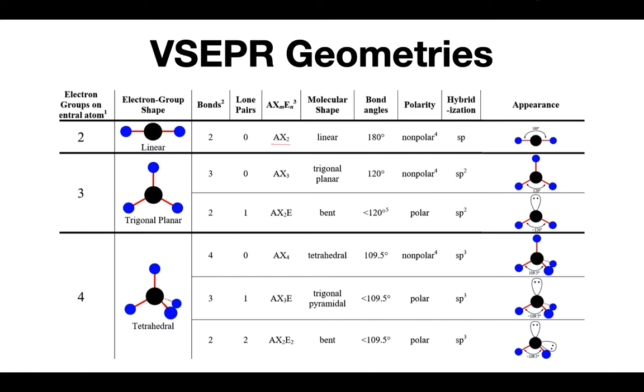Hybridization means, for example, we have a carbon atom. Remember, carbon atom has a 2s and a 2p. So if we fill the electrons like this, notice that the 2s orbital and the 2p orbital electrons are at different levels.